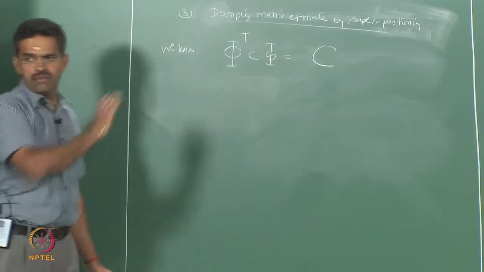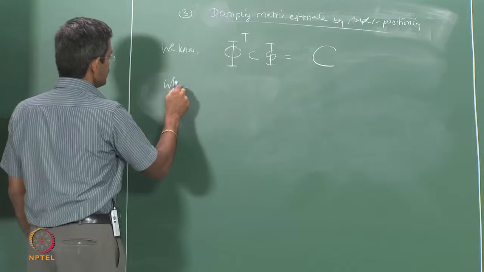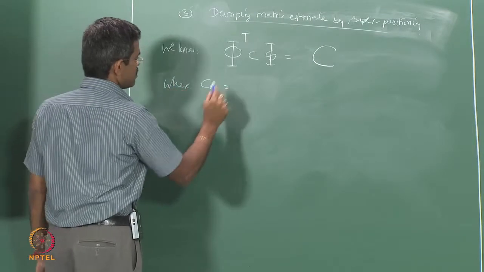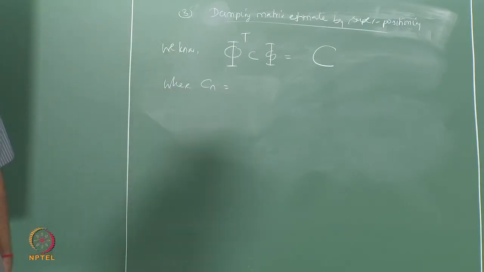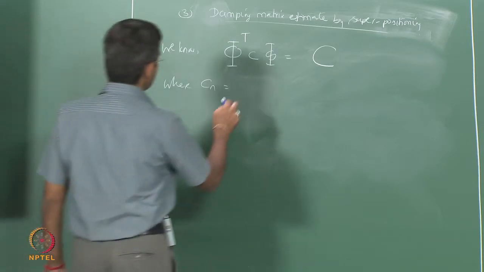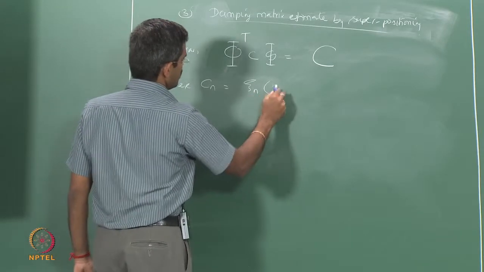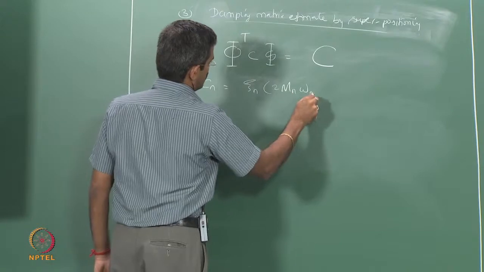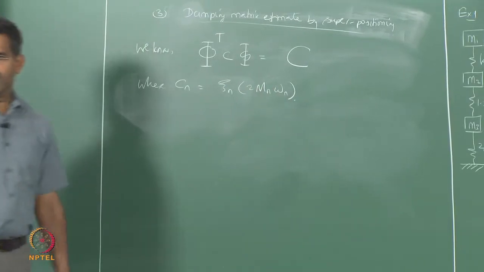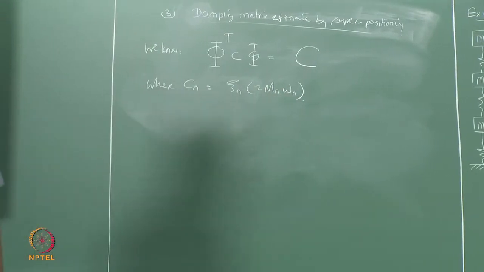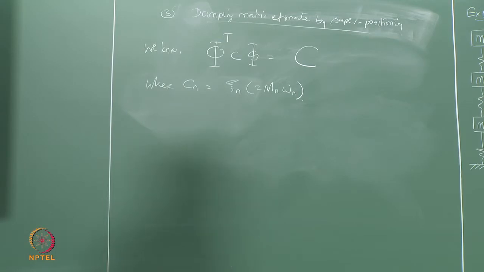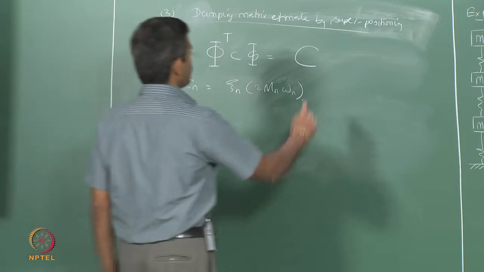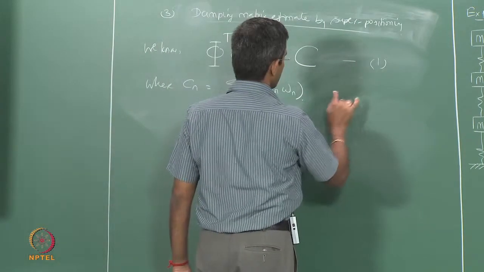It is a standard algorithm, where Cn at any nth mode is given by 2 zeta n omega n. Let us call this equation number 1, and this as 2.